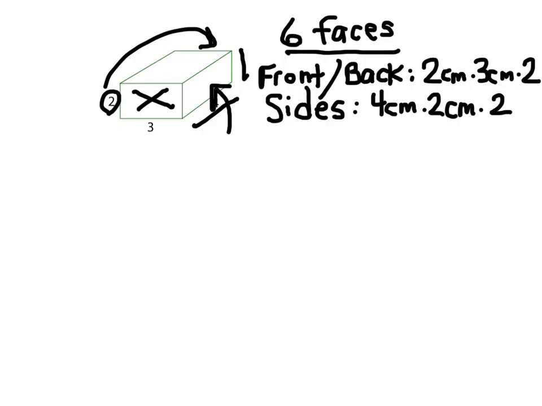And let's see what we have left. We still have 2 more faces. In this orientation, I'm going to say that there is a top face right here, and its counterpart would be on the bottom. So I'll put here top, bottom.